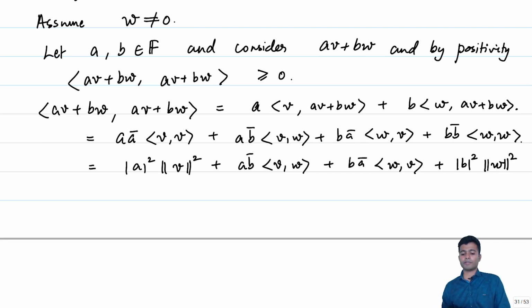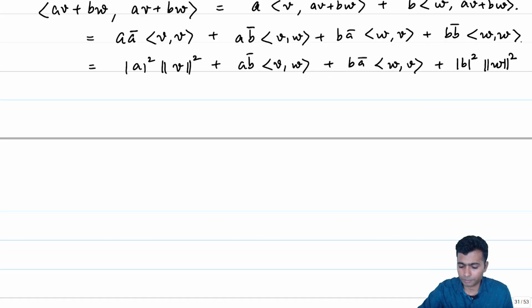This is precisely what we have, the inner product of AV plus BW with itself. Now this is true for any scalars A and B. So in particular, if we pick our scalars A and B carefully, we can say quite a lot of things about what we want to conclude.